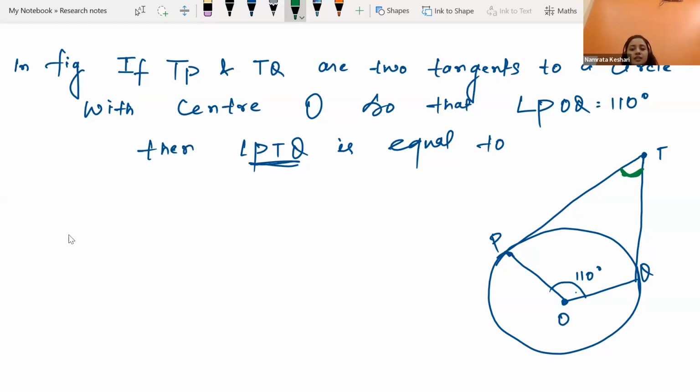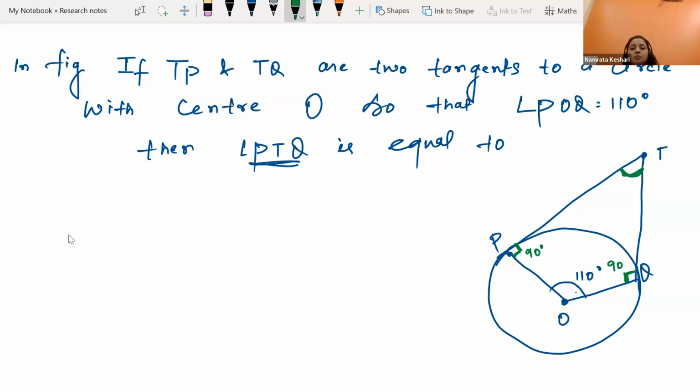Okay. So can we say that this angle will be 90 degrees over here? Because this is the tangent, and this OP is a radius. So of course this will be 90 degrees, right? Now, does it look like a quadrilateral to you?